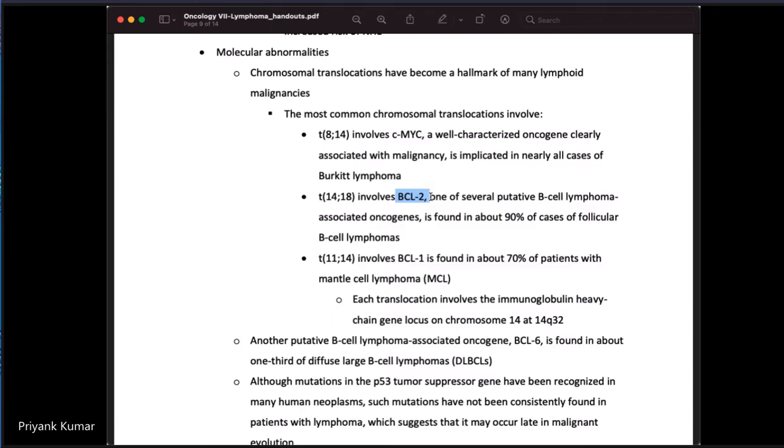They are associated with cases of follicular B-cell lymphomas. T(11;14) is associated with BCL1 mutations, and they can be found in about 70% of, I'm sorry, not MALT, but mantle cell lymphoma.